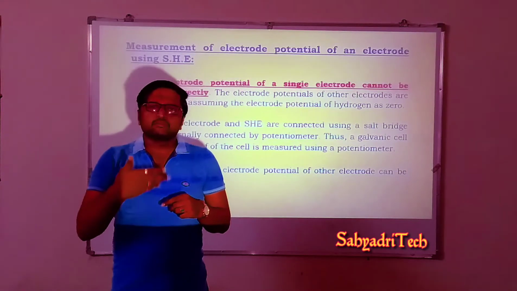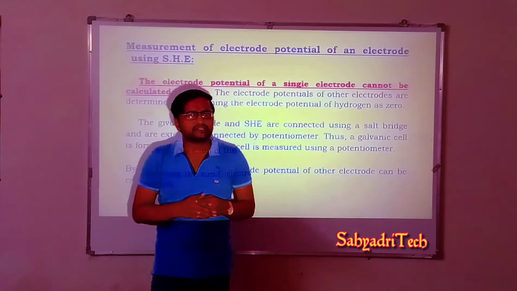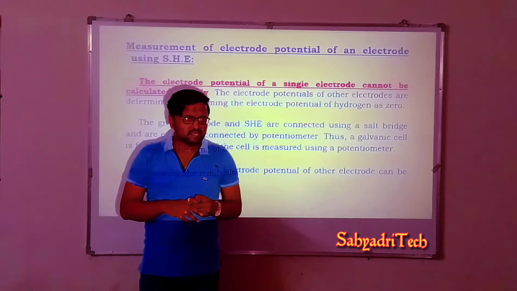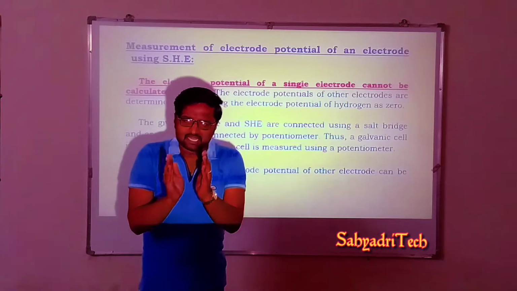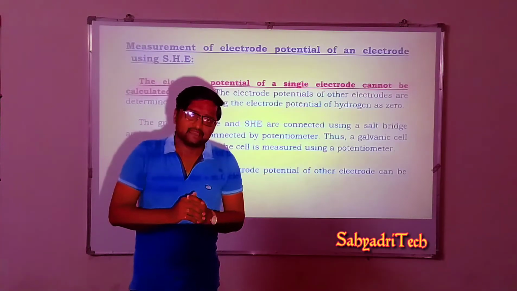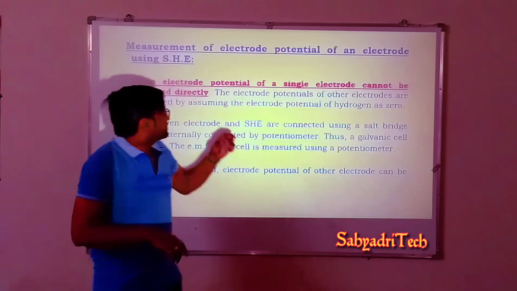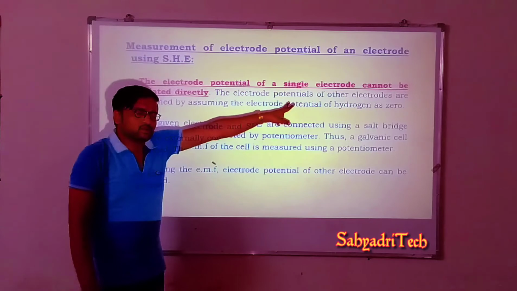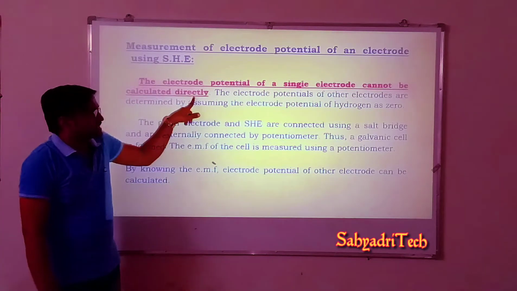Further, I said the potentials developed are called oxidation electrode potential and reduction electrode potential. Well, here can you determine the electrode potential of a single electrode directly or not? Yes, the answer is no. So what do you say? The electrode potential of a single electrode cannot be measured or calculated directly.